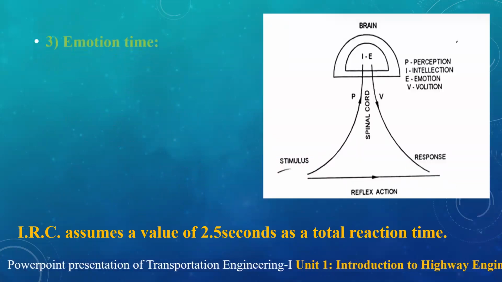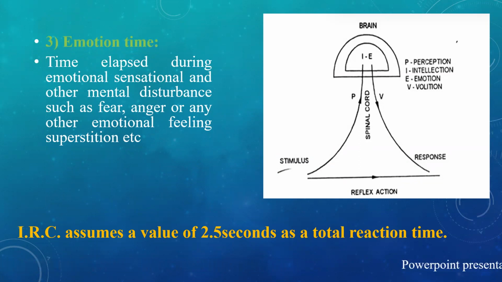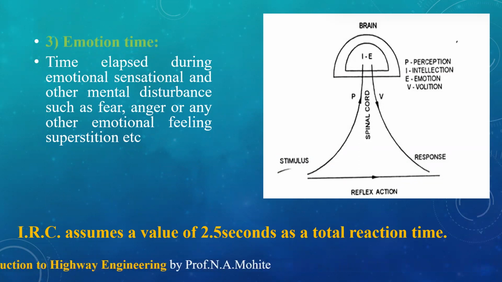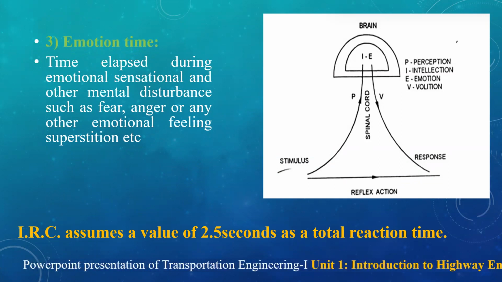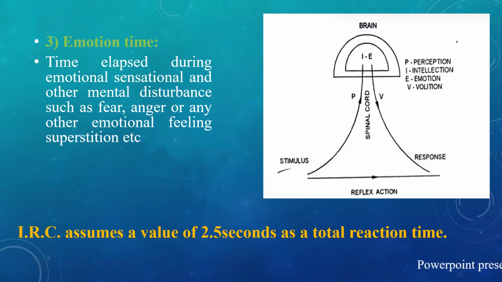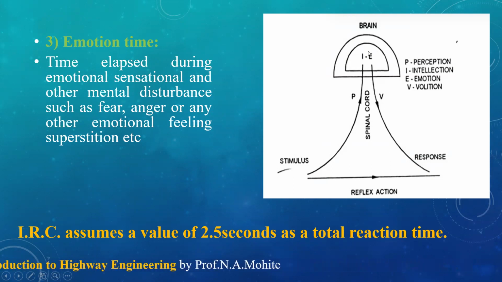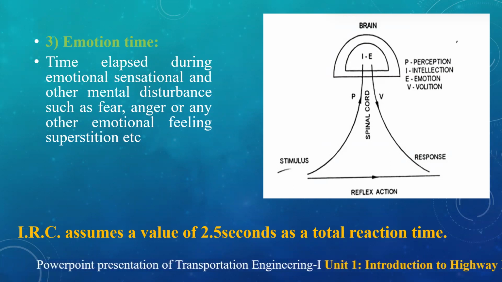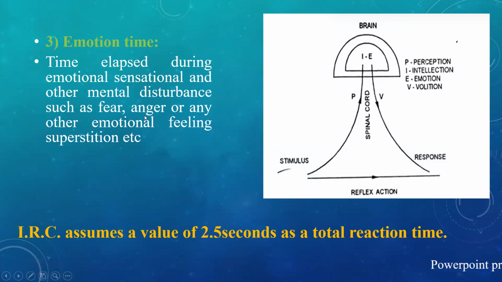Next, emotion time. This is the time elapsed during emotional, sensational, and other mental disturbance such as fear, anger, or any other emotional feeling, superstitions, etc. In general, it is like fear or anger linked with perception and intellection, that is P and I. These have a great influence on the final message or decision sent by the brain to the muscle, whether to accelerate or apply the brakes and bring the vehicle to a stop.